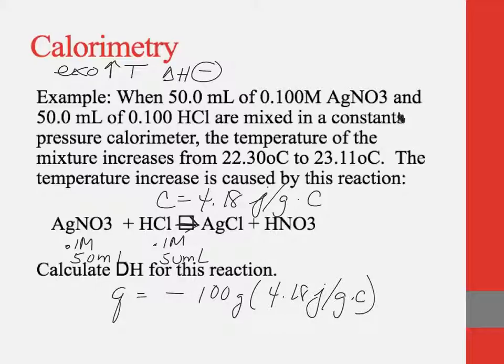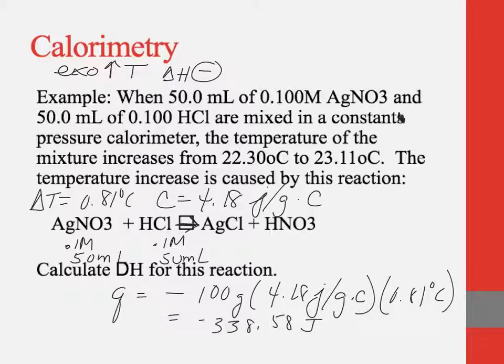times our change, oh, I forgot to note our change in T is 0.81. Okay. And when we do the math on this, we get negative 338.58 joules.